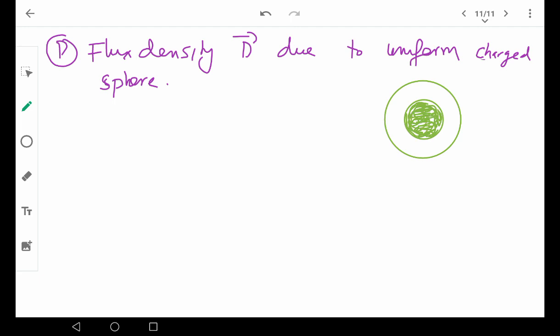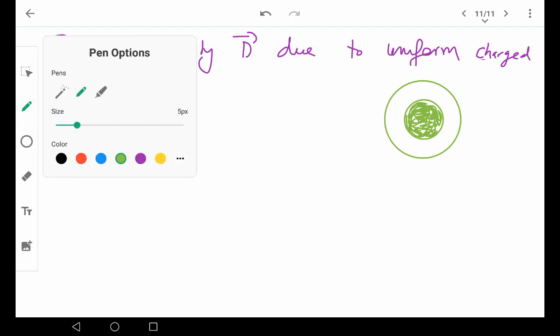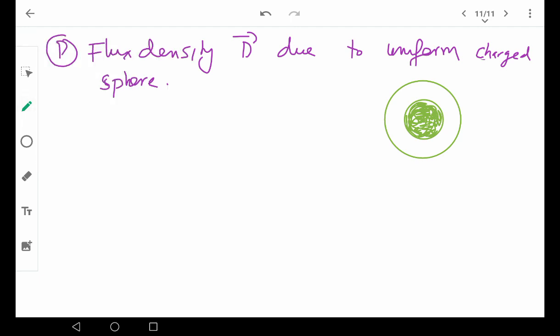And this sphere has a radius, you can say the radius of the sphere equal to A, right?